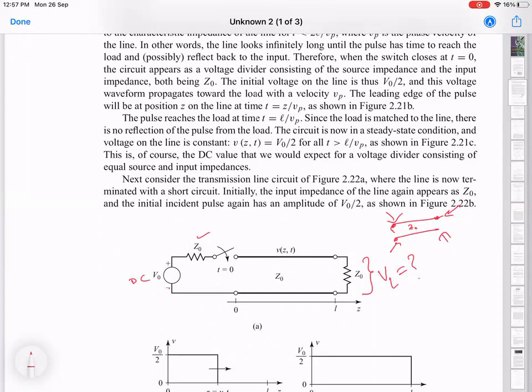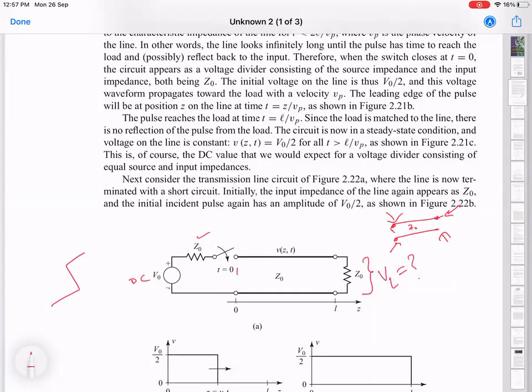So now we will see how you can get the same result, but by looking at what happens in time domain. Because when you first close the switch, you have actually created a situation where you have started the voltage at this point. At this point, the voltage was 0 and then it became some value.